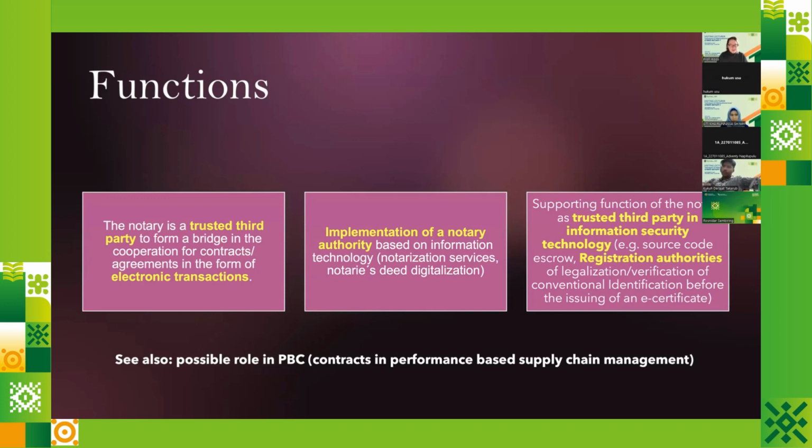And another important, interesting aspect, which is not discussed yet, is wherever we have trusted third person needs. For example, in PBC, performance-based supply chain management, very interesting, because in performance-based supply chain management, a company is developing something and delivering something to another company in the supply chain and is paid by the success the customer company has with the implementation of the product, the raw product from the first part of the supply chain.